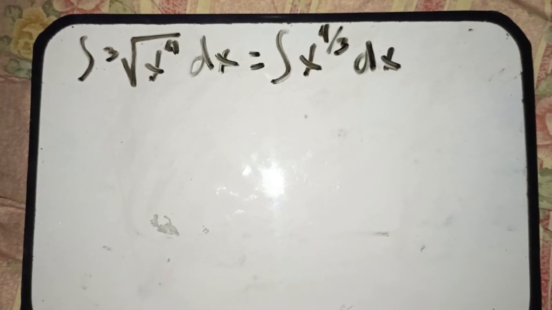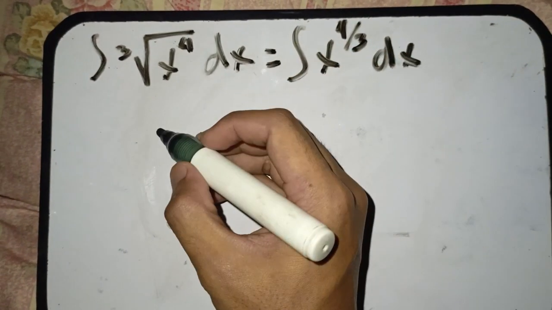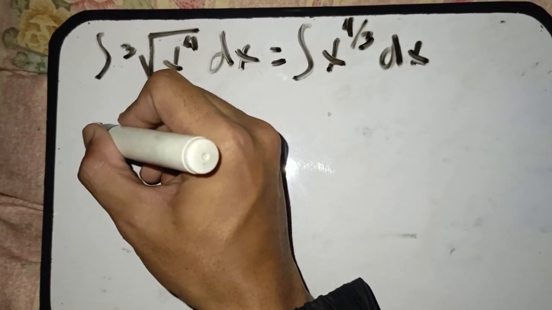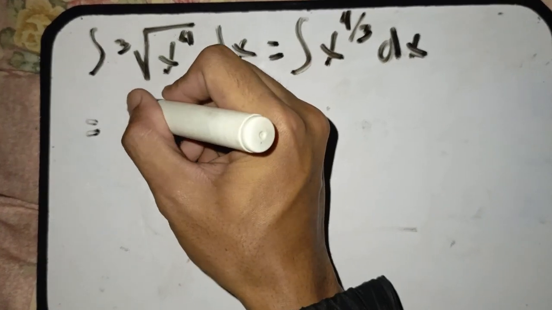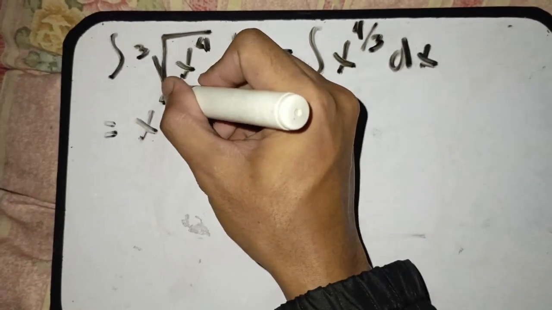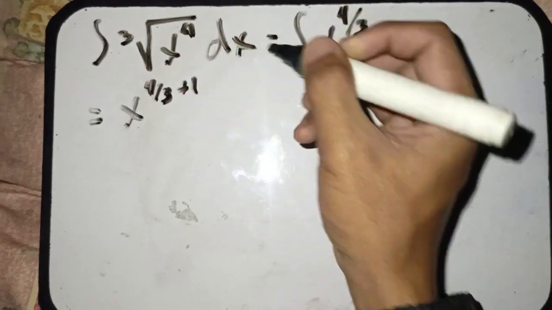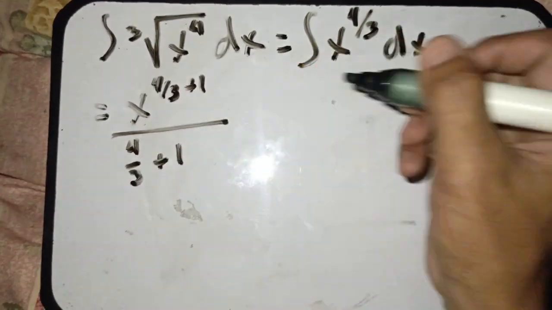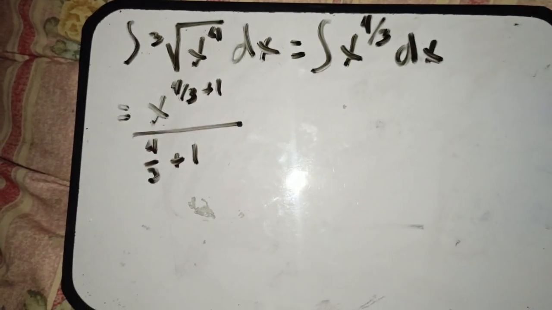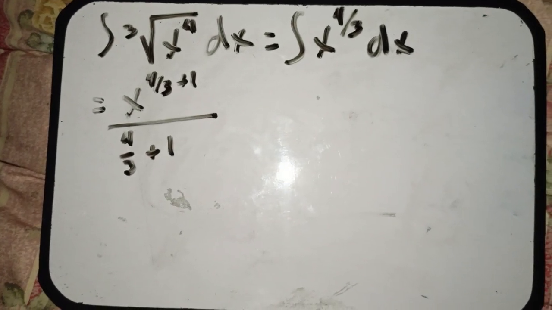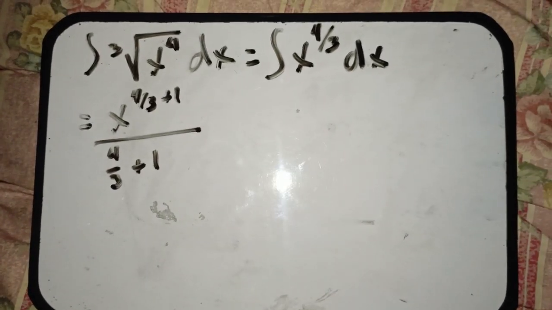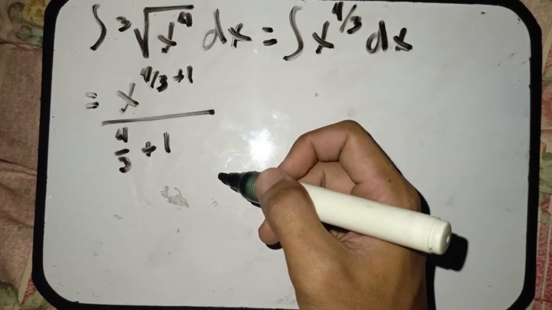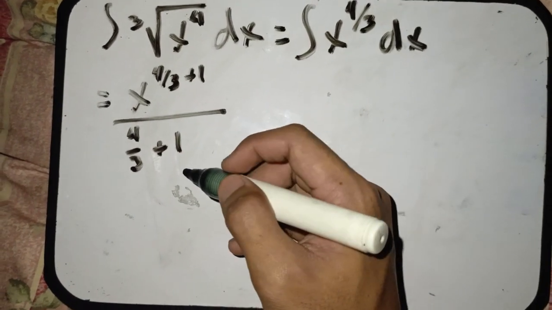Now we solve it just like our formula: x raised to 4 over 3 plus 1, over 4 over 3 plus 1. So 4 over 3 plus 1 is the same as 3 over 3, which is equal to 1.